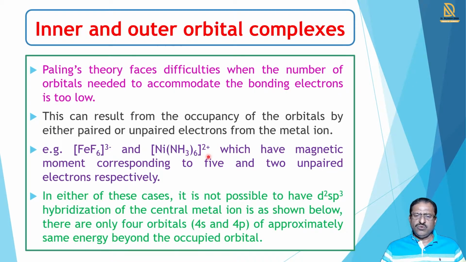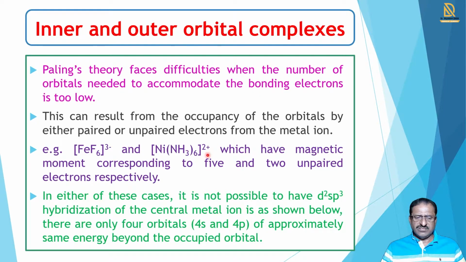These two examples have magnetic moments. In the first example, the magnetic moment corresponds to 5 unpaired electrons, and in the second there are 2 unpaired electrons. When there are 5 unpaired electrons and 2 unpaired electrons, the d2sp3 hybridization of the central metal ion is not used.